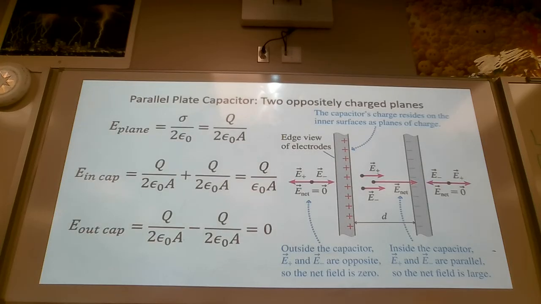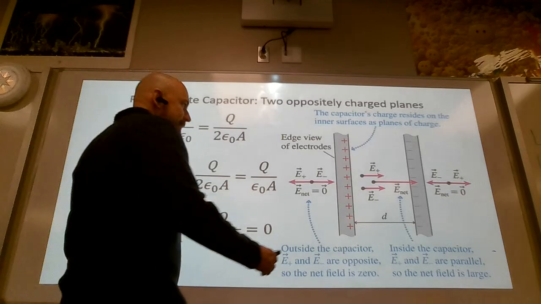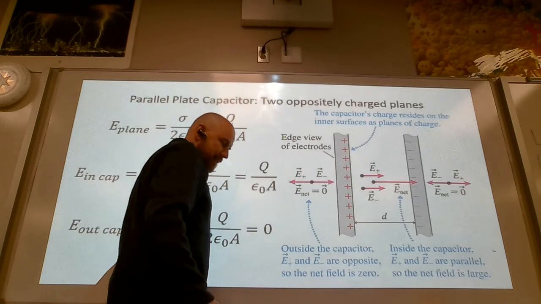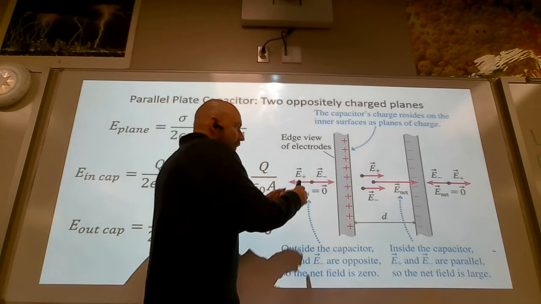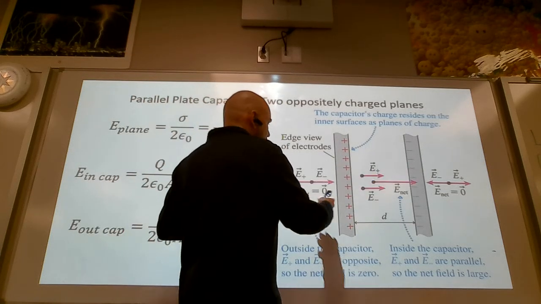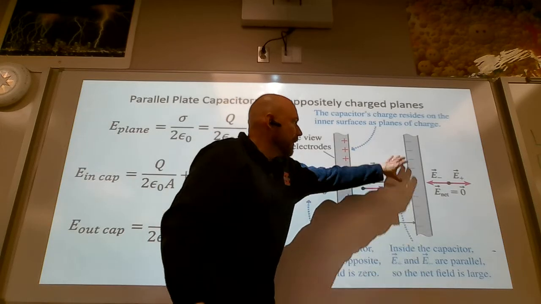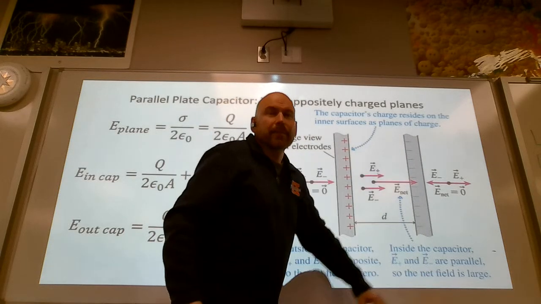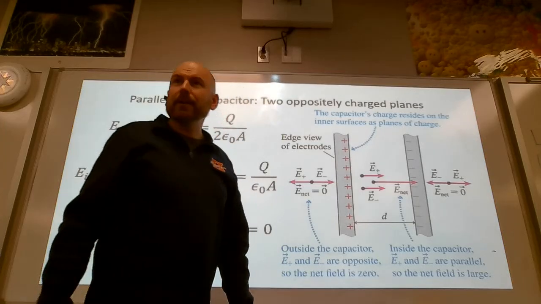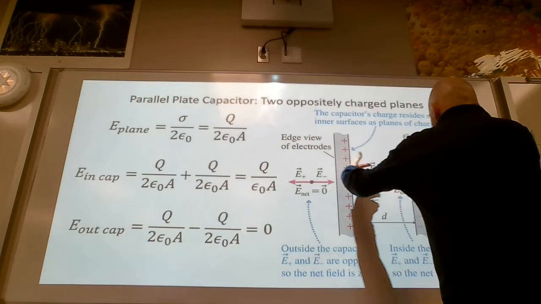And so if we have two parallel plates now charged oppositely, as we have in a capacitor, this plane of charge is positive, creates an outward directed field going this way and this way. This guy has a negative plane of charge, creates an electric field going inward on both sides.